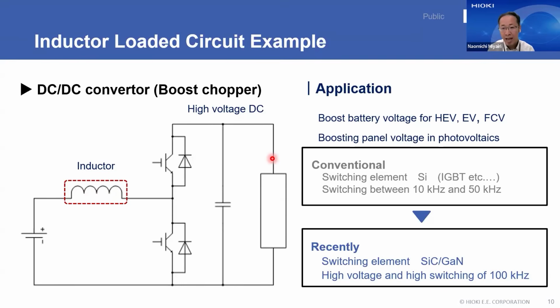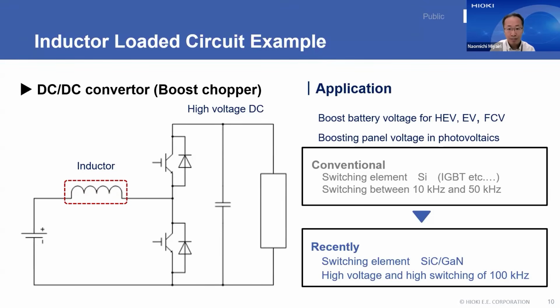This technology has traditionally been used to increase the motor output in hybrid electric vehicles, but in recent years, its use has also been expanding in electric vehicles, EVs, and fuel cell vehicles. Additionally, boost chopper circuits are widely used to increase the panel voltage in solar power generation systems.